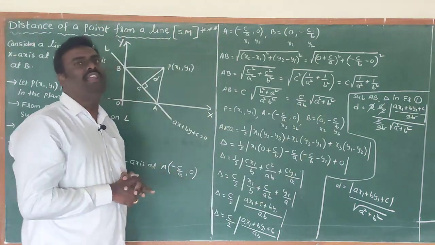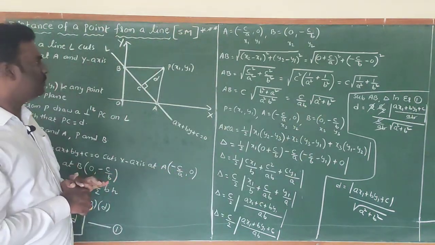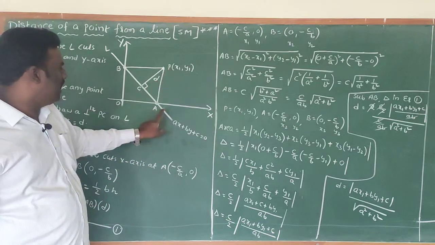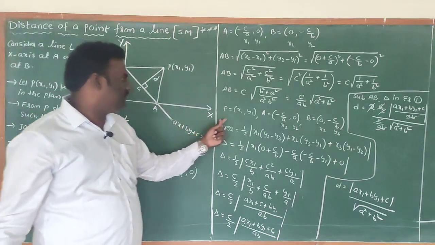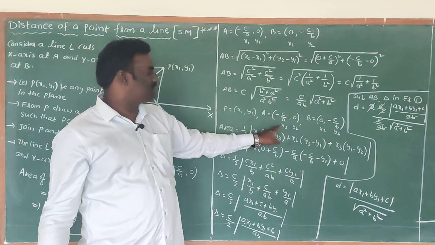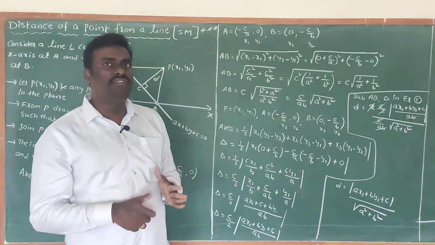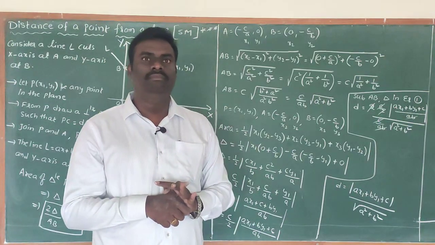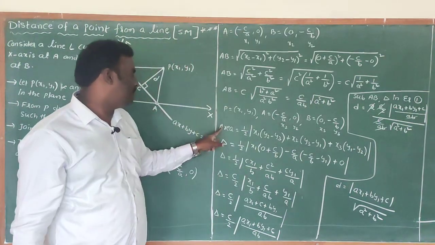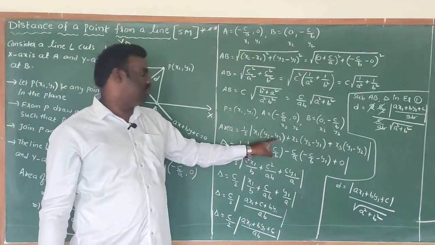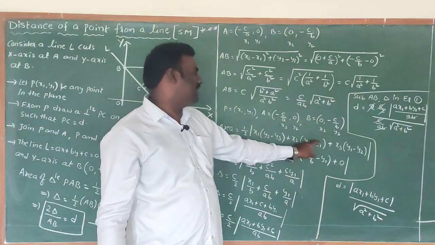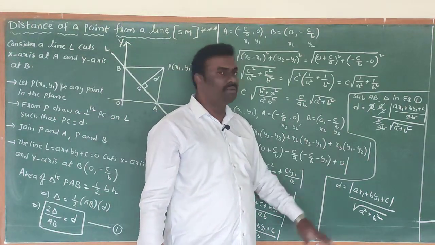Next, what we need to find? Delta. First, what are the points? P point we know, A point we know, B point we know. This is x2, y2, this is x3, y3. First point is x1, y1. What is the formula for area of triangle? Already in 10th standard we know. Half modulus of x1 into (y2 minus y3), x2 into (y3 minus y1) plus x3 into (y1 minus y2).